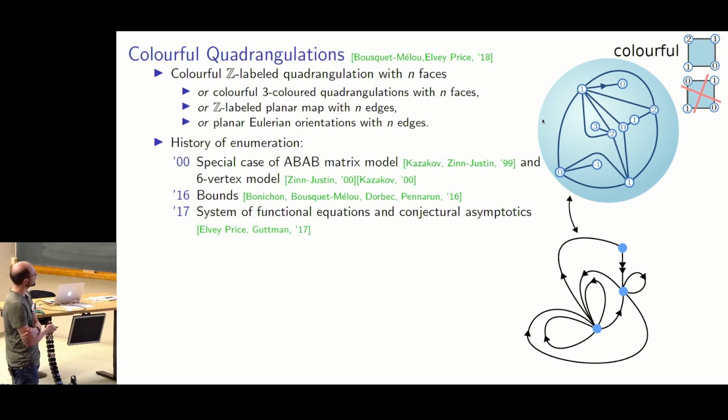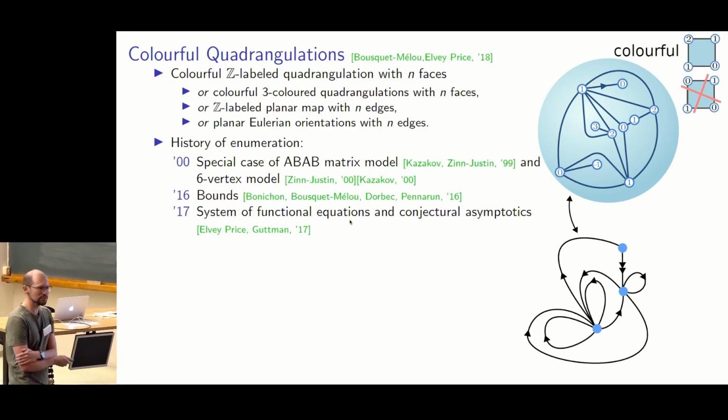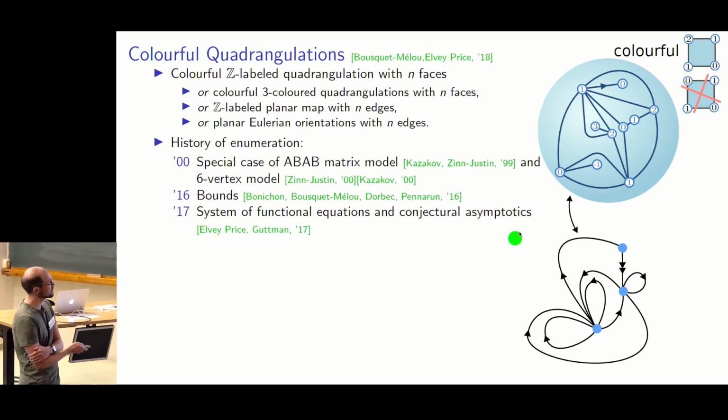And then Andrew Elvey Price and Tony Guttmann in 2017 found an elaborate system of functional equations for the generating functions of these maps. Based on this, they conjectured the asymptotic enumeration.